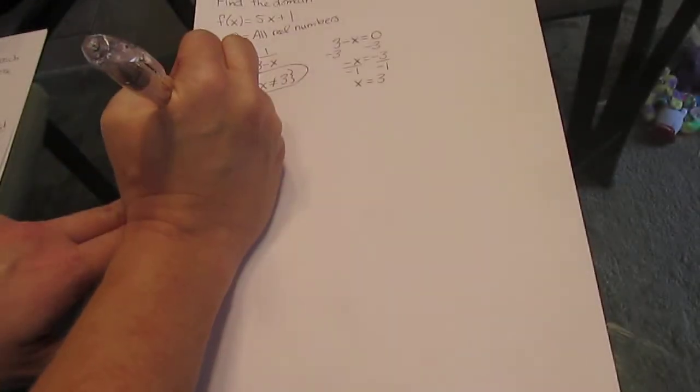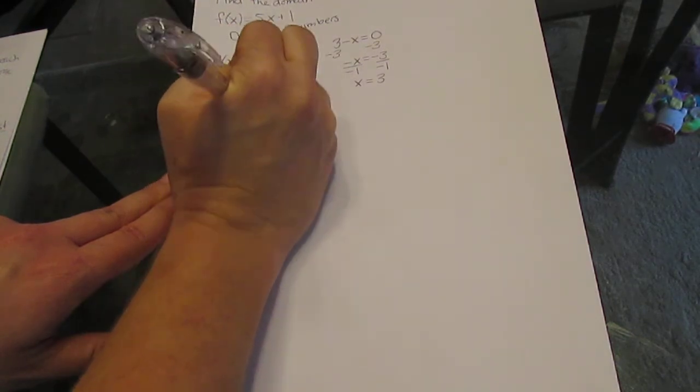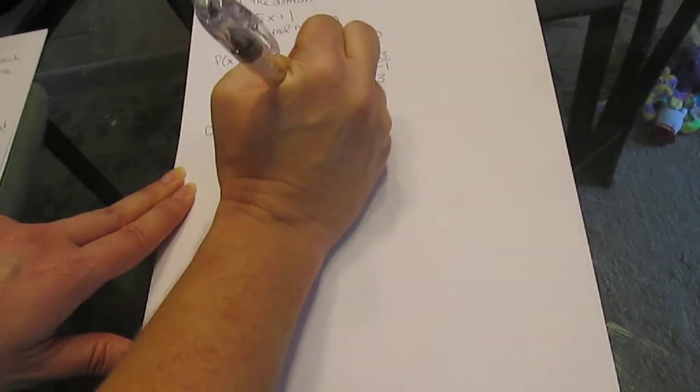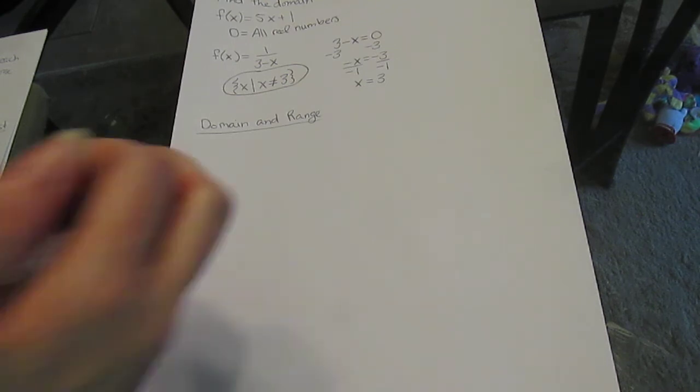Okay, and looking at our last example, again, we're going to determine the domain and range. But now we're going to determine it off of a graph.